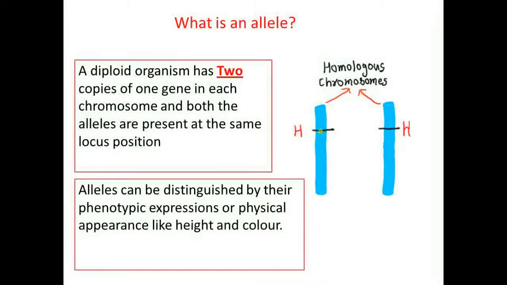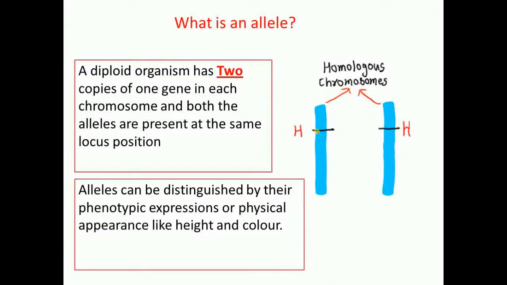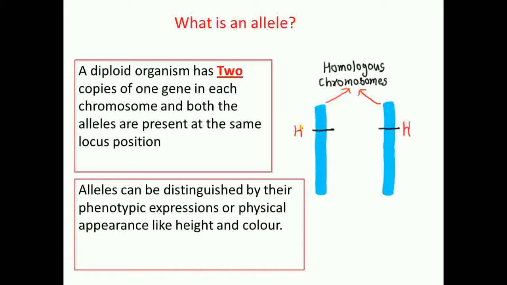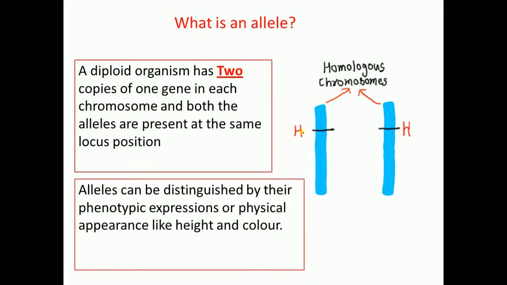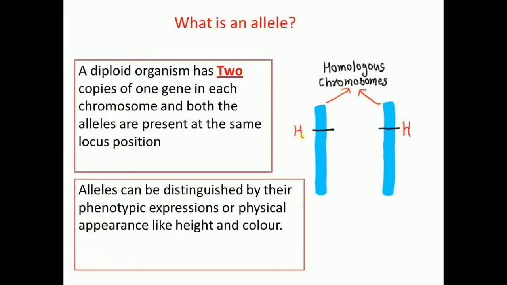For example, at this position, a gene codes for the protein responsible for height. This capital H represents the dominant allele and small h would represent the recessive allele. That's what the book's definition says.